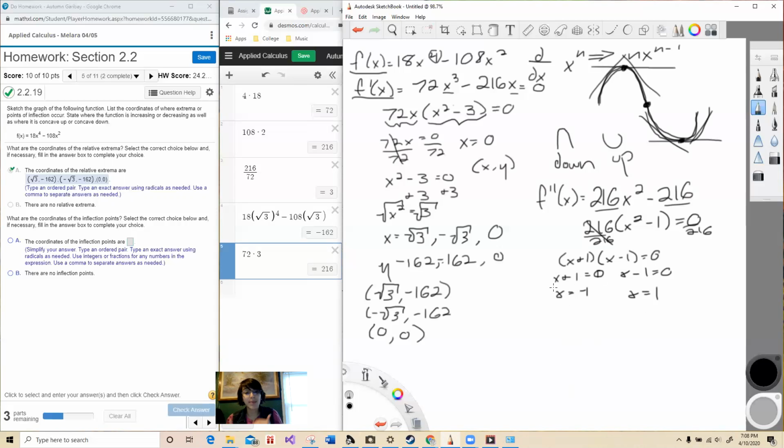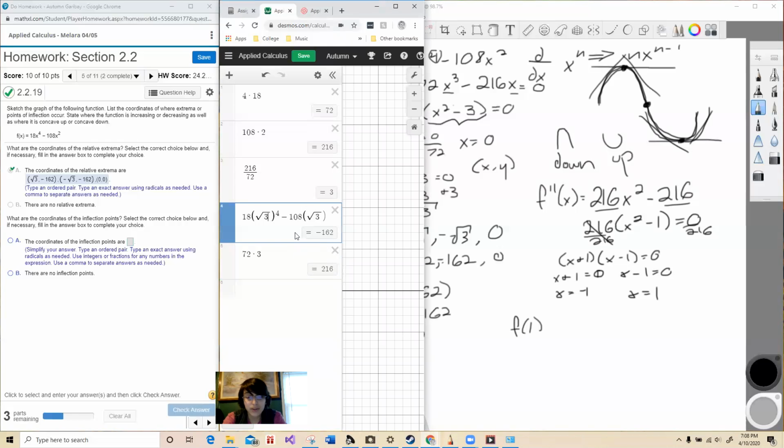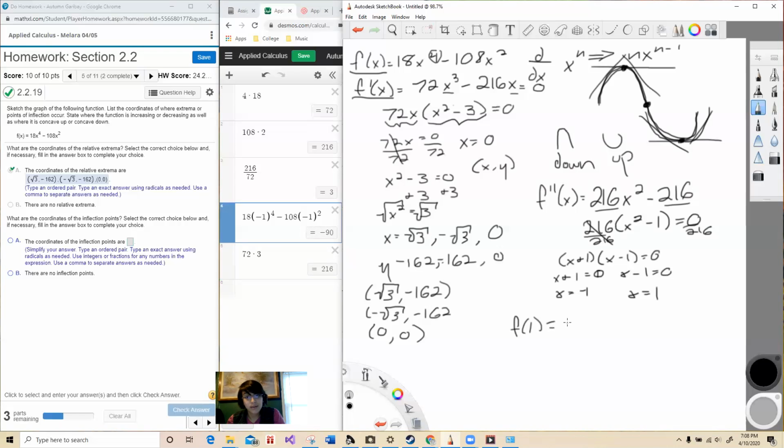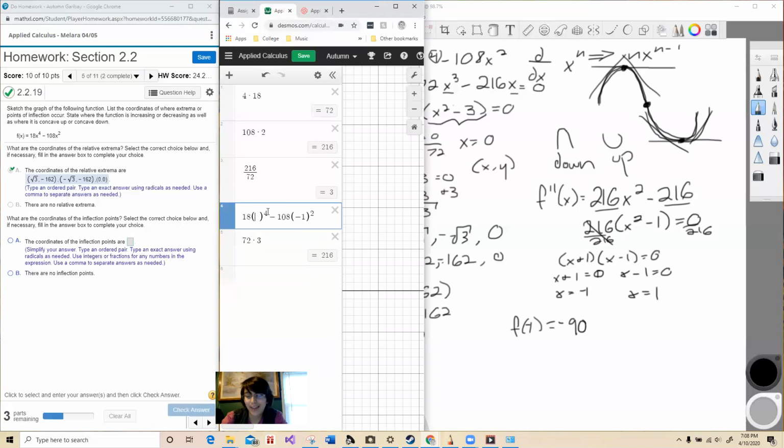But again, they want them as ordered pairs. It matters where the y values of this are. So we're going to plug them right back in to f of x, which we still have up here. So I'm going to plug in -1. It's going to equal -90. Oh, I'm sorry, this is for -1. And +1, even though likely it'll also equal -90.